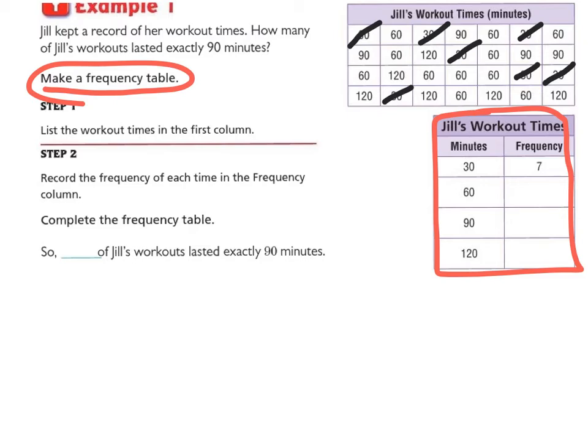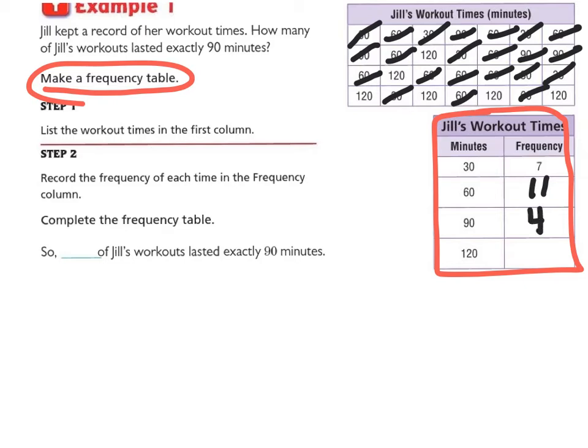Let's see how many 60-minute workouts she had, because that's what I'm going to put here in my frequency. 1, 2, 3, 4, 5, 6, 7, 8, 9, 10, 11. How many 90 minutes? 1, 2, 3, 4.